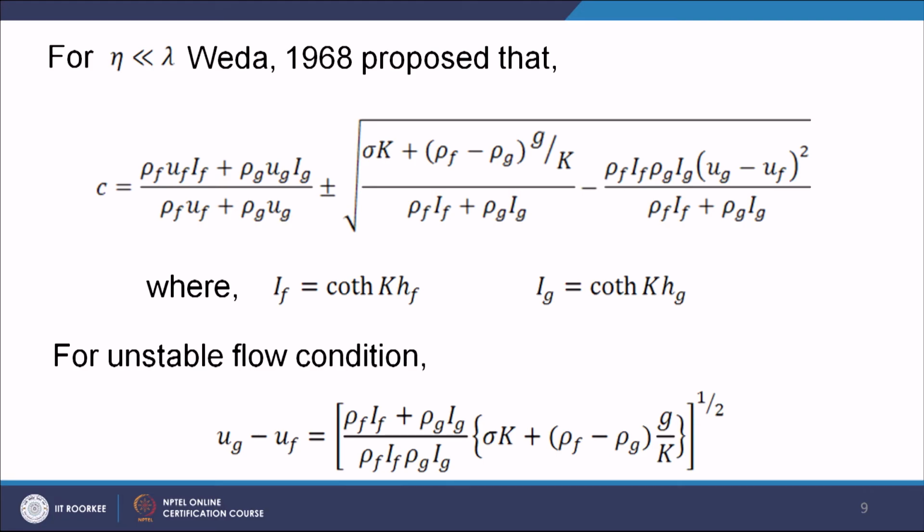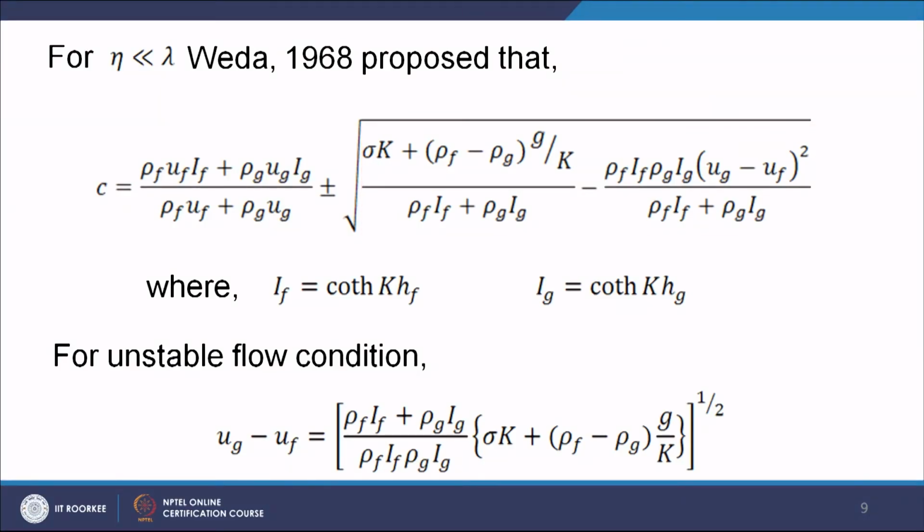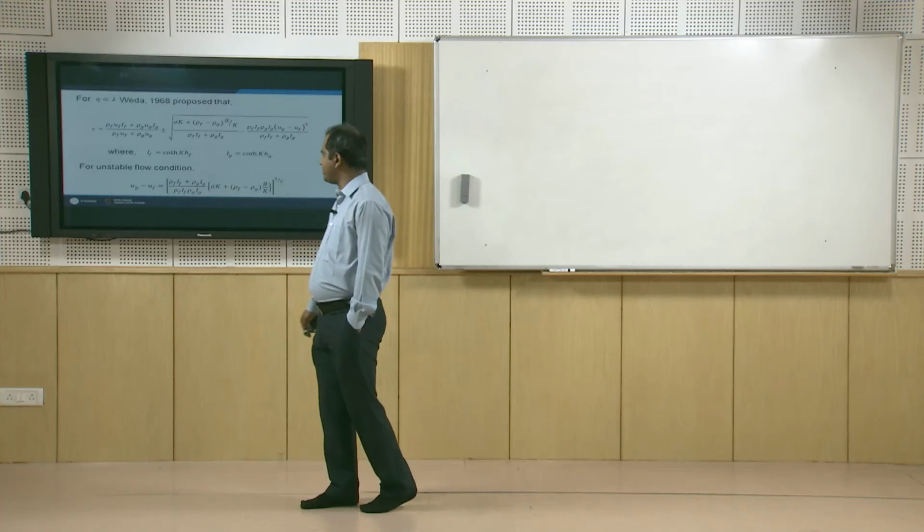We know that if we have something negative under the root, that will be imaginary. So the limit we find is where this is equal to 0. If we make this equal to 0, from there we get the relative velocity ug minus uf, which comes as (rho f if plus rho g ig) by (rho f if rho g ig) multiplied by (sigma k plus (rho f minus rho g) into g by k) to the power half. So, this is a very important equation.